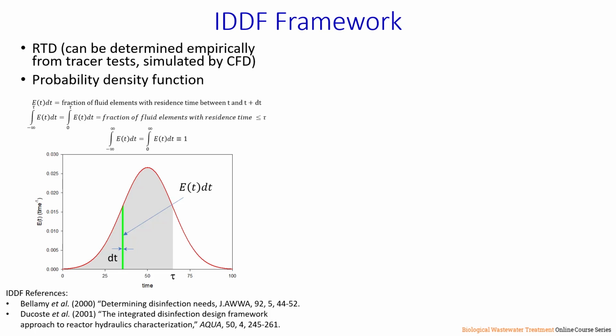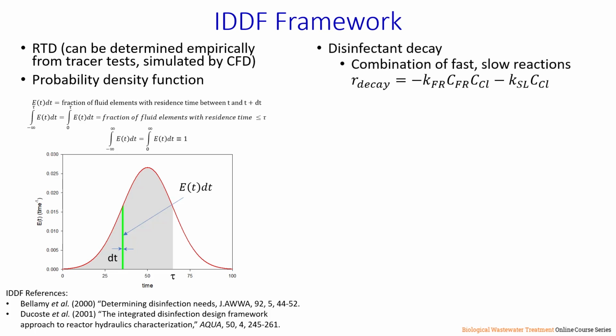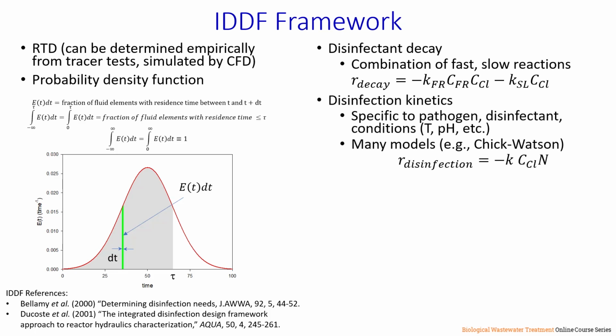Beyond this information about the residence time distribution function, we also need an expression to describe disinfectant decay. Oftentimes this will involve a combination of fast and slow reactions, here illustrated by two reactions that are assumed to operate independently, and therefore their effects are additive. We also need an expression to describe disinfection kinetics.